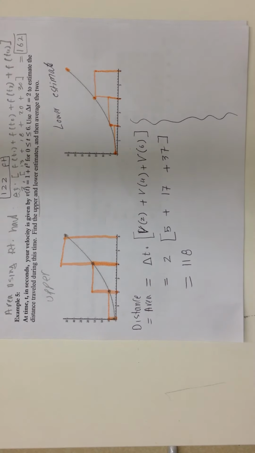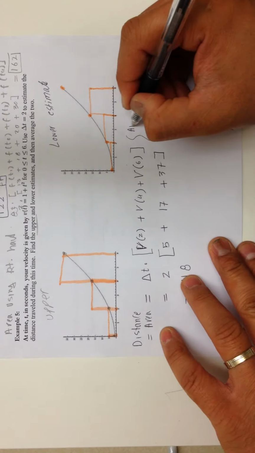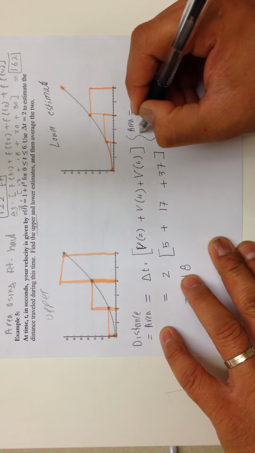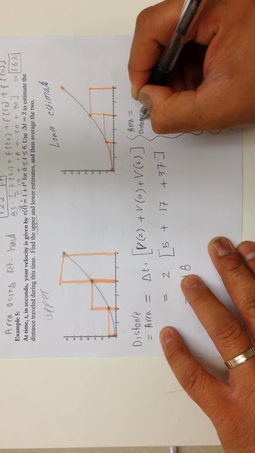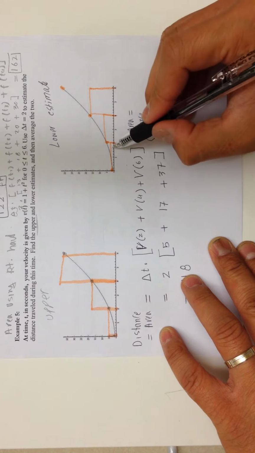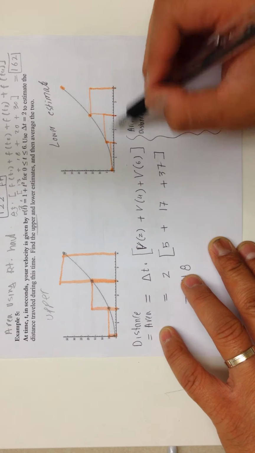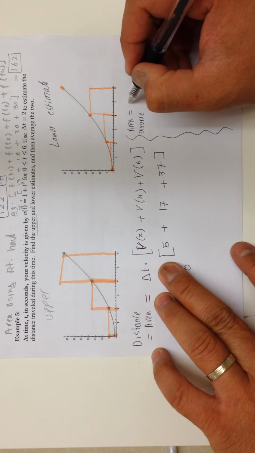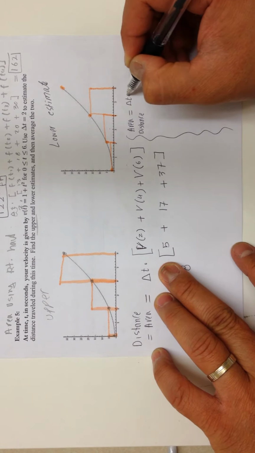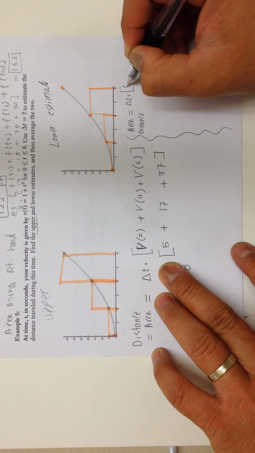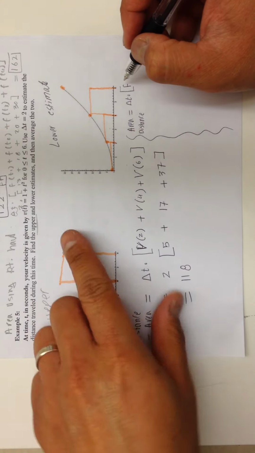And so once again, my area or my distance, because area means distance now. My total area is found by finding the area of these 3 rectangles, which we know is the change in t times f at 0.